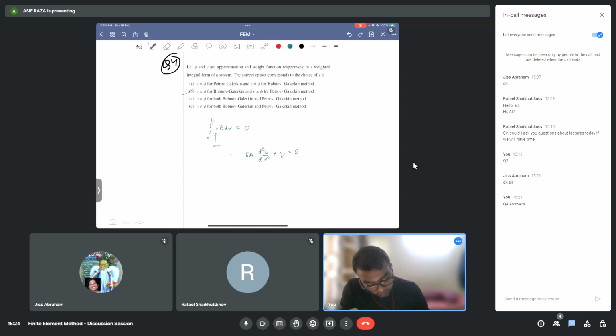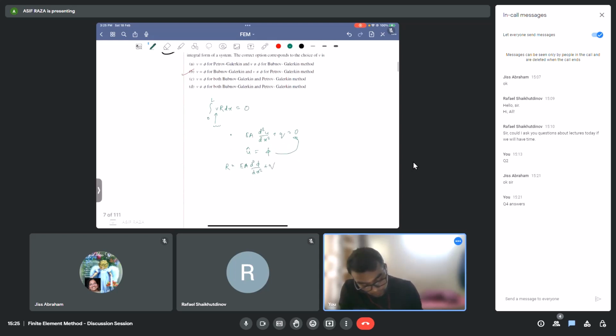First we take an approximate solution for u in terms of phi, and that is incorporated in the residue. The residue will have this phi term. So one thing we have is an option to select phi, and the second thing we have to select is this weight function v.